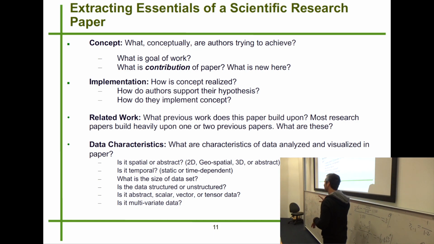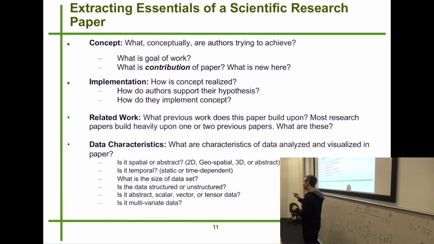But usually, not always, there's one previous paper that's kind of special, where they really say, actually, we're building on this previous paper. All these other ones are related, but there's one special one that we're really focused on. We want to beat the performance of this one.